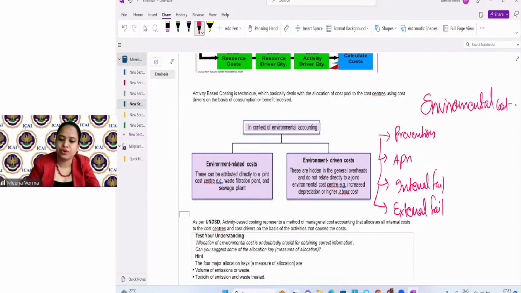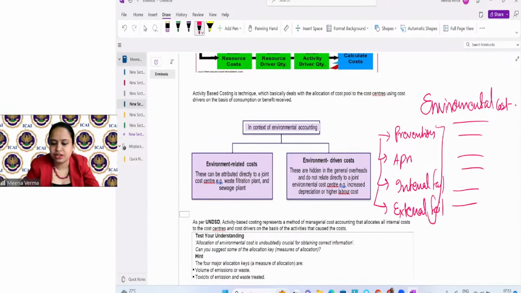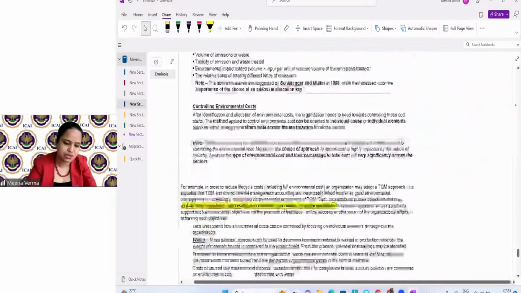You will classify all the environmental costs, then allocate these costs to the product on activity-based costing. So we will find the cost drivers. It is the same as the questions we do in activity-based costing. If we are producing different products, we allocate the environmental cost to different products using activity-based costing and cost drivers. We have a question on this, so we will take a question on this topic.